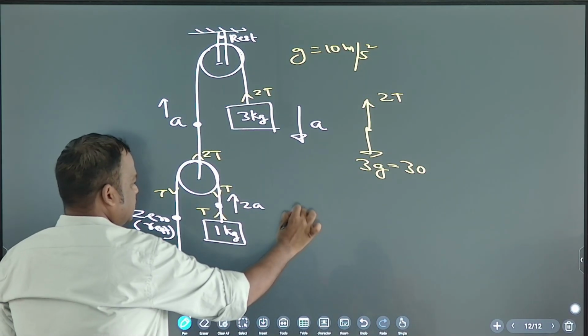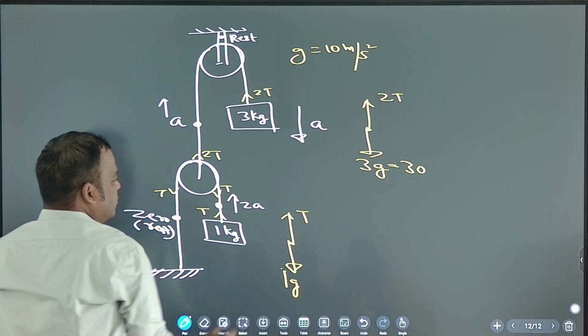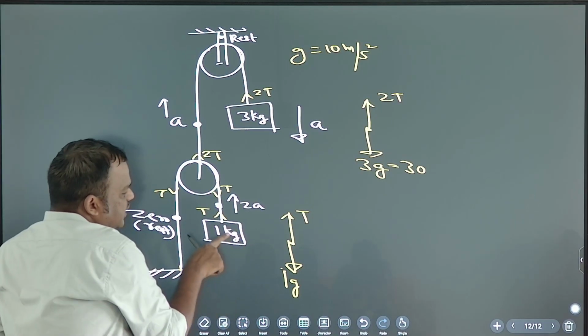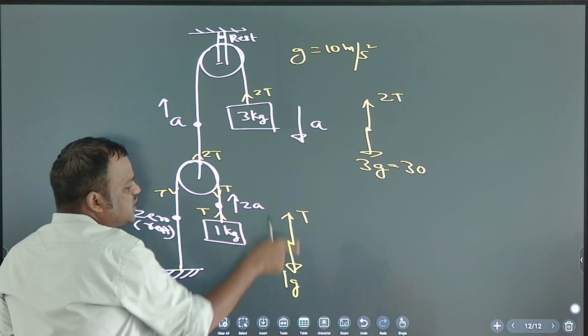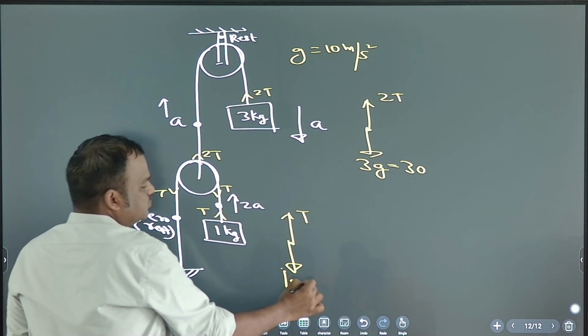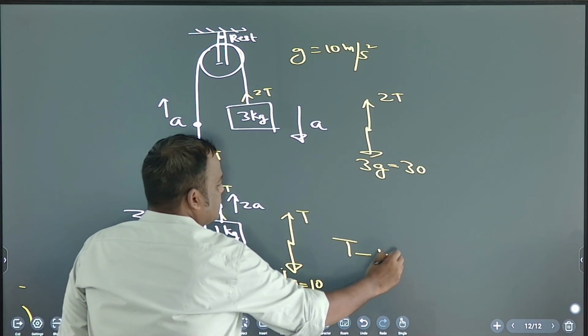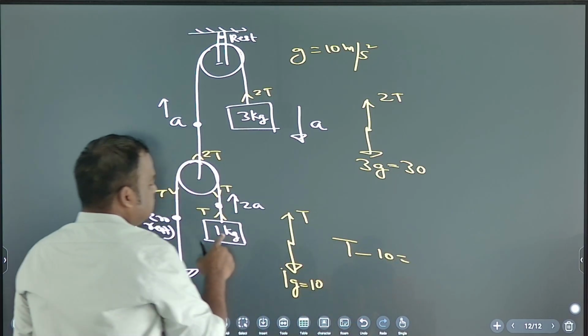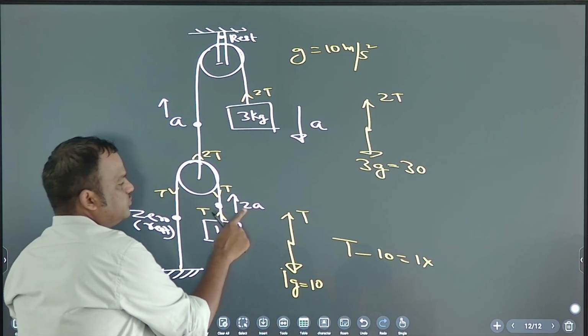Upward force T. Downward force 1G. Okay. Now what is the acceleration of 1 kg? 2A upward. So which is greater, T or 1G? T or 10? T. So you write T minus 10 is equal to MA, so 1 into A. And the acceleration, how much? 2A.